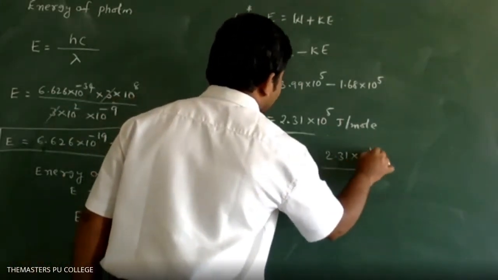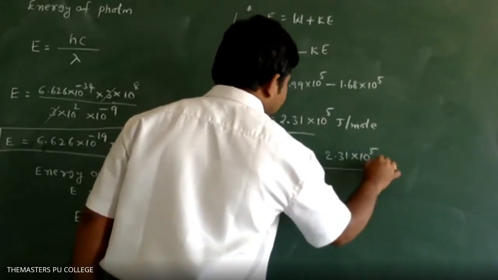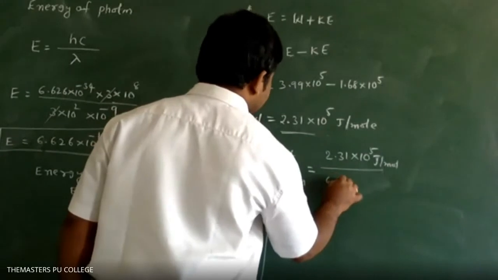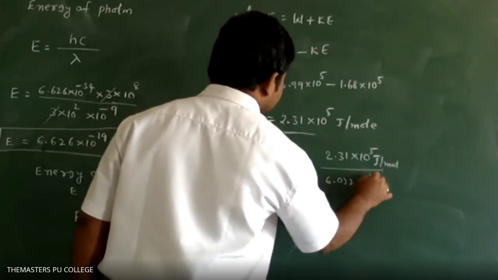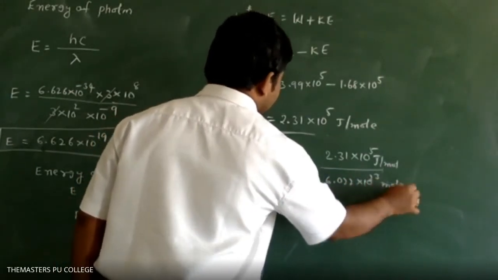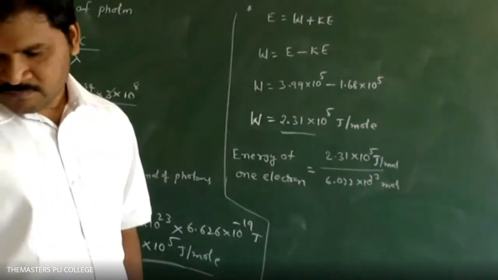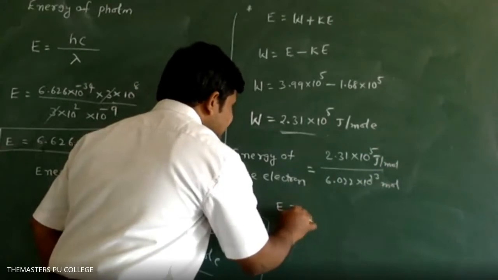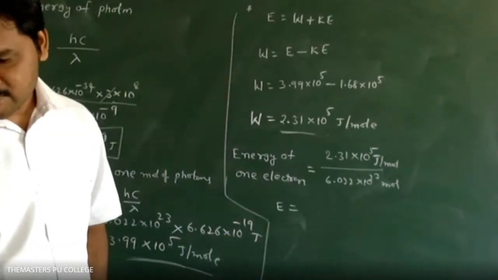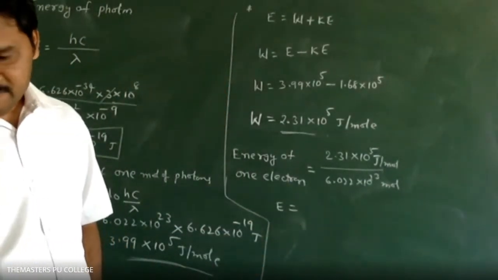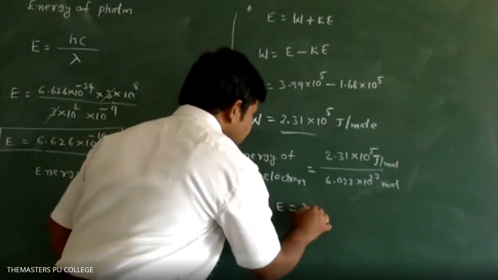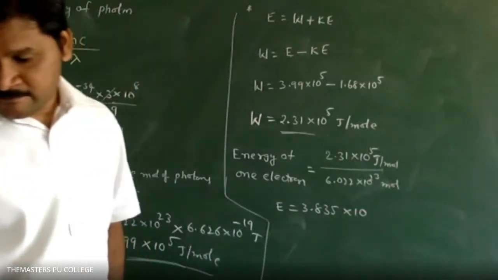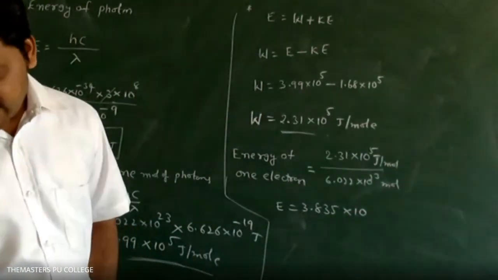So the energy of 1 electron is equal to 2.31 into 10 power 5 joule per mole divided by 6.022 into 10 power 23 per mole. You will get the energy of 1 electron as 3.835 into 10 power minus 19 joules.